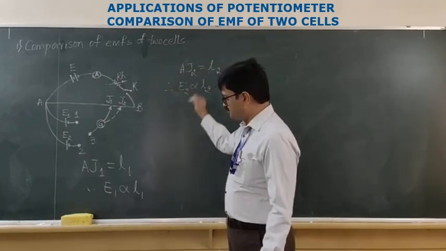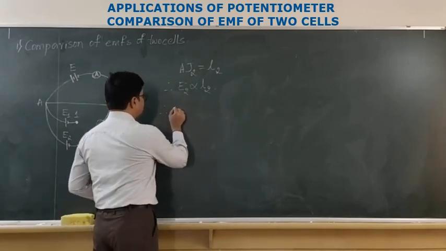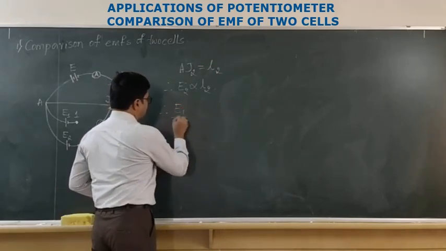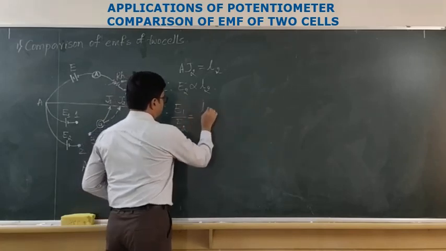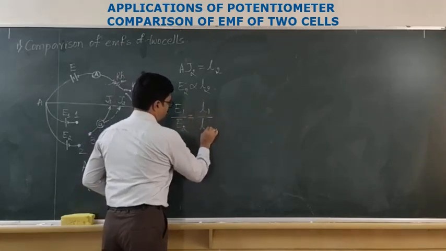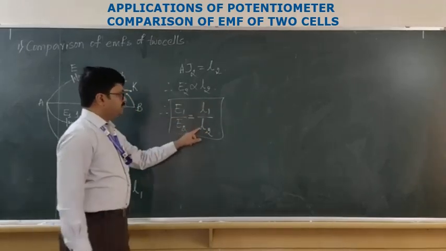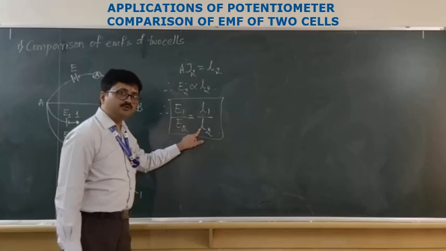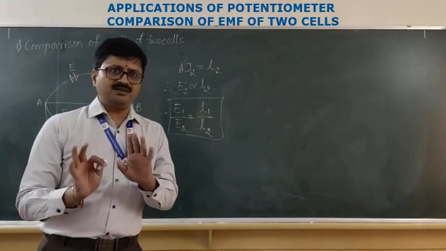Now we have obtained these two, so therefore I can say E1 by E2 should give us L1 by L2. Now the ratio L1 to L2 will give me the comparison of EMFs. Is it not a simple technique, right?